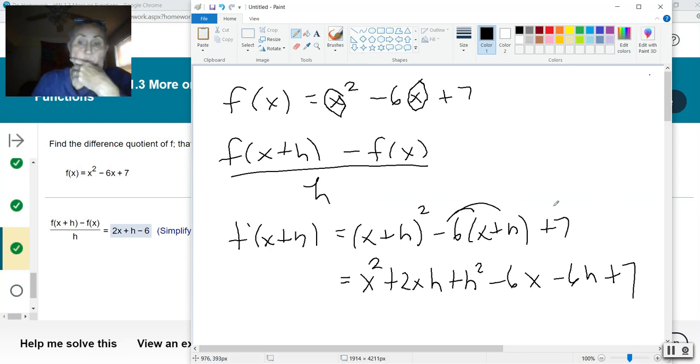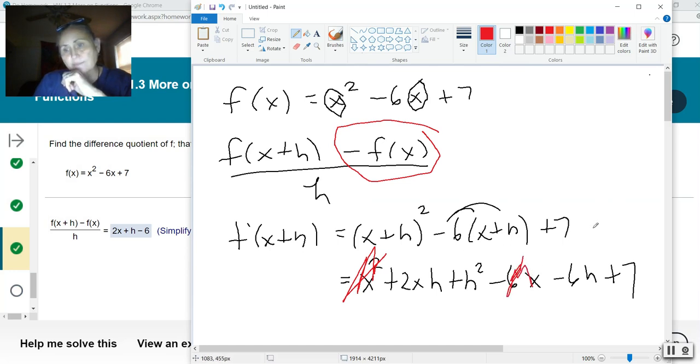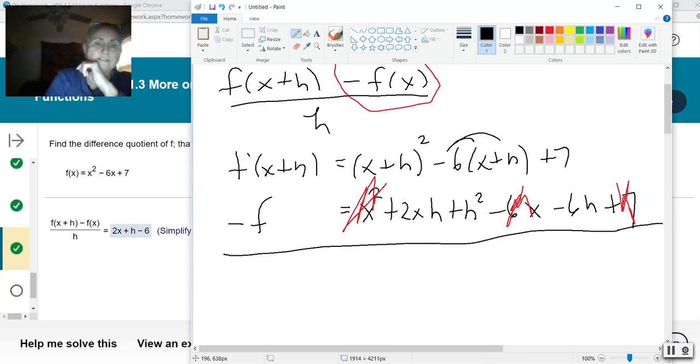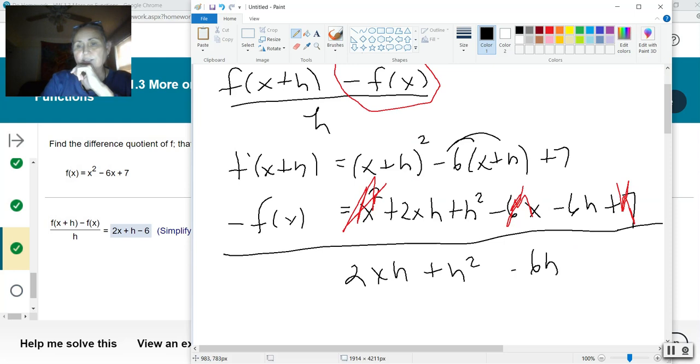So we do the second part. It says get rid of everything that was in the original f of x. So there was an x squared in there, and a minus 6x, and a 7 in there. And look, everything that's left has an h. That means I did it right. We got rid of f of x. And we have 2xh plus h squared minus 6h, and we're going to take an h out of all of them.